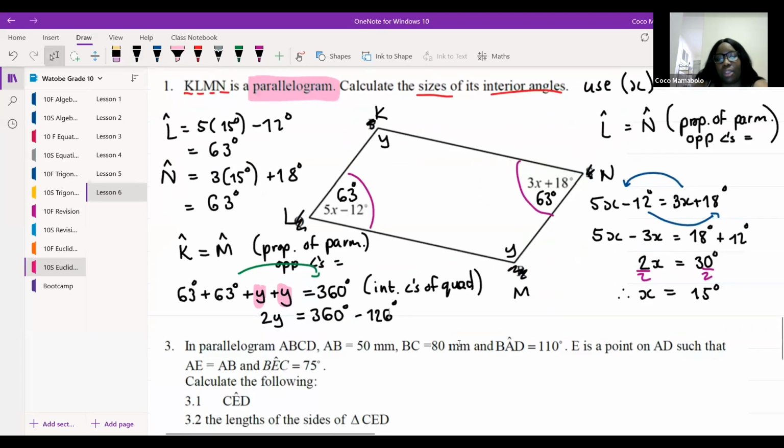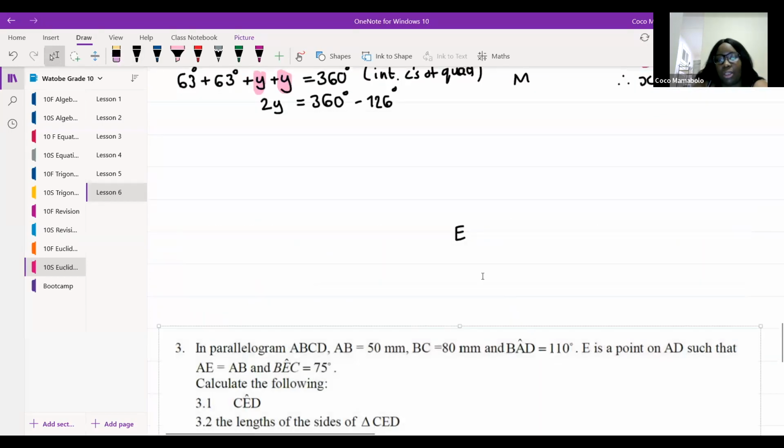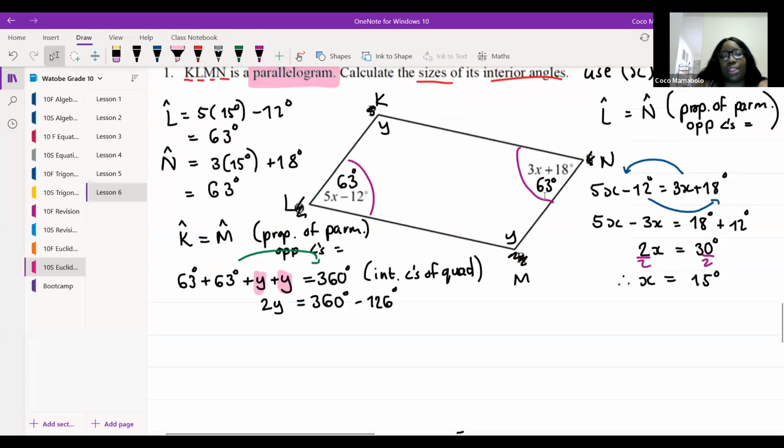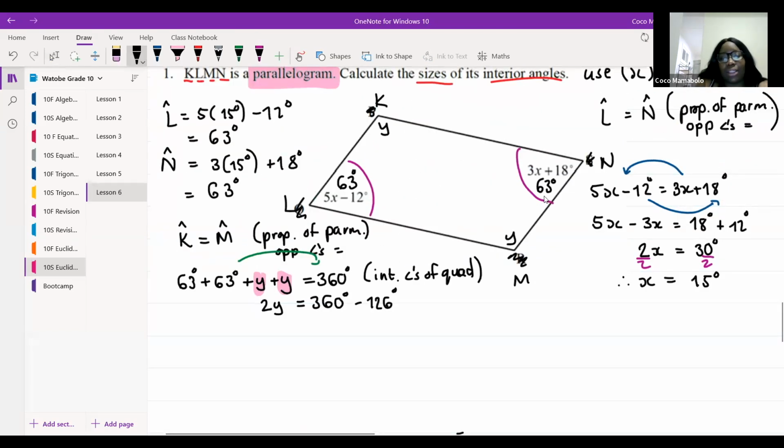Let me see, what did I do here? Okay, let's move this down a little bit. So I can then say 2y is equal to 360 minus 126. No, Tanukolo, it doesn't exactly have to look like mine, but remember, it needs to be in a way that makes mathematical sense.